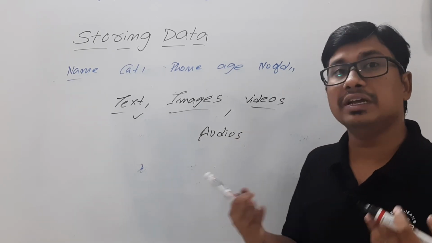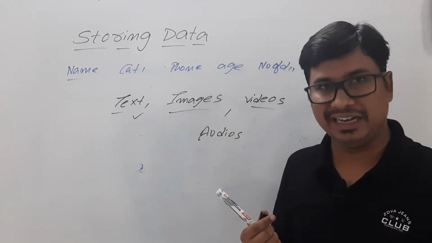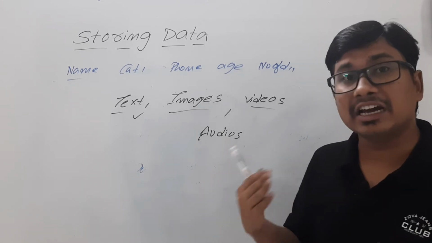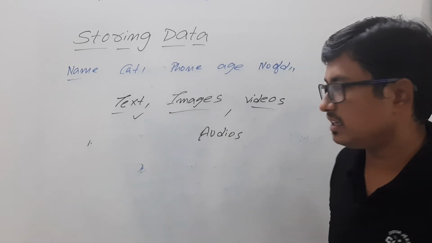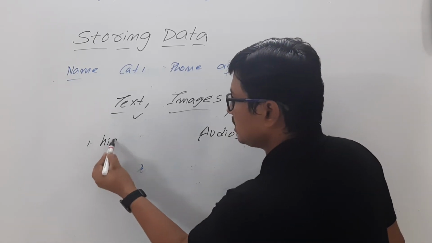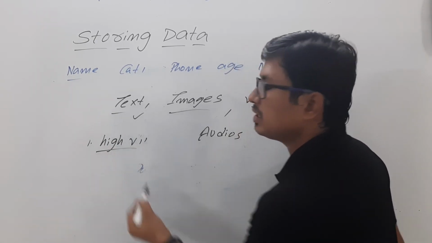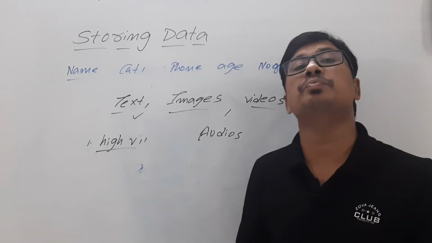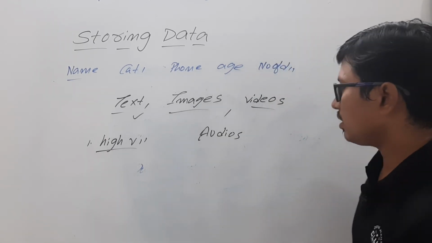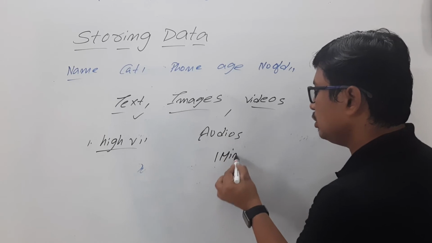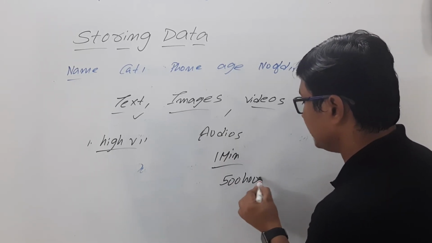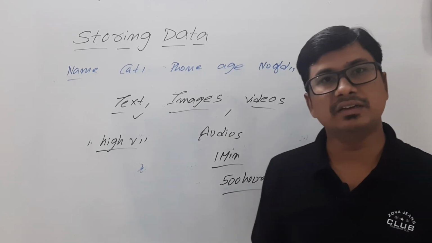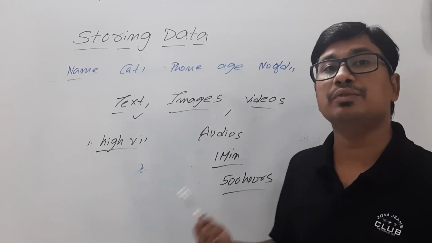So nowadays we are generating a large amount of data. That's why big data is coming into the picture. Big data has three characteristics. One is high velocity: you are generating data at a lot of speed. Did you know that in 1 minute on YouTube, we are uploading 500 hours of data? Is it clear? This much data we are generating.